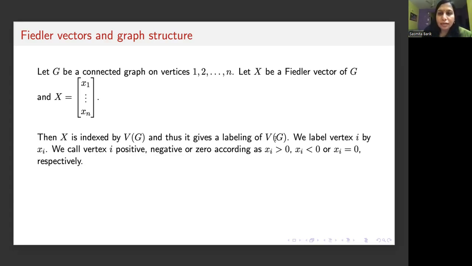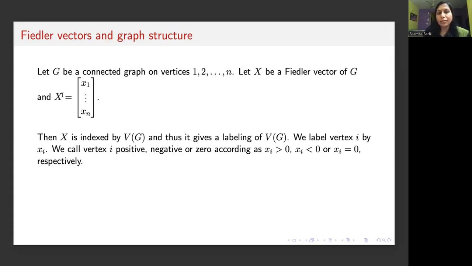We say the ith vertex is labeled with xi, and the ith vertex is positive if xi is greater than 0, negative if xi is negative, and if xi is 0, then I'll say the ith vertex is a 0 vertex. So my vertices in the graph are positive, negative, or 0, depending on the corresponding coefficient in the Fiedler vector.